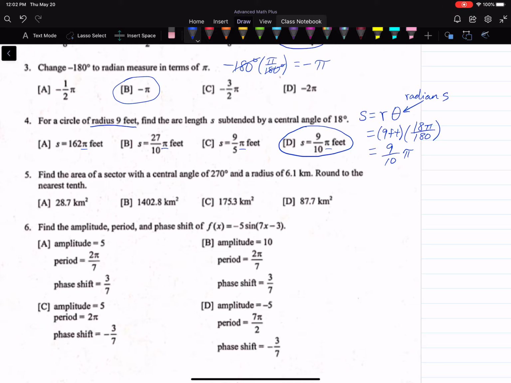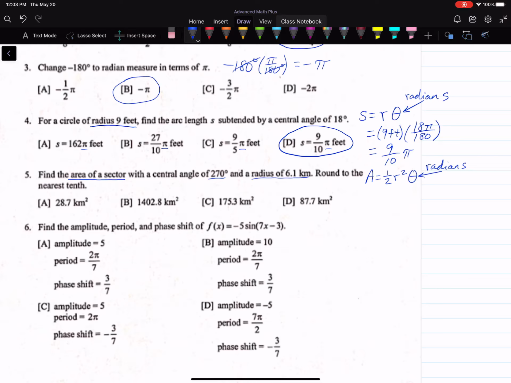Number five, to find the area of a sector with central angle 270 degrees and radius of 6.1. So this formula, area, is 1/2 R squared theta. So that's another little formula you need to know. And again, your theta needs to be in radians.